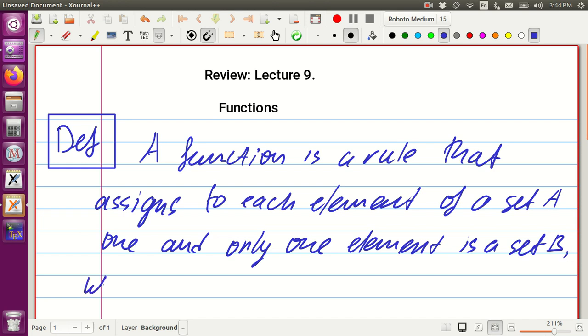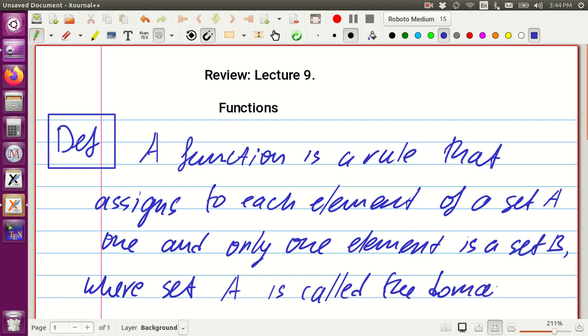where set A is called the domain, and the set B is called the range.